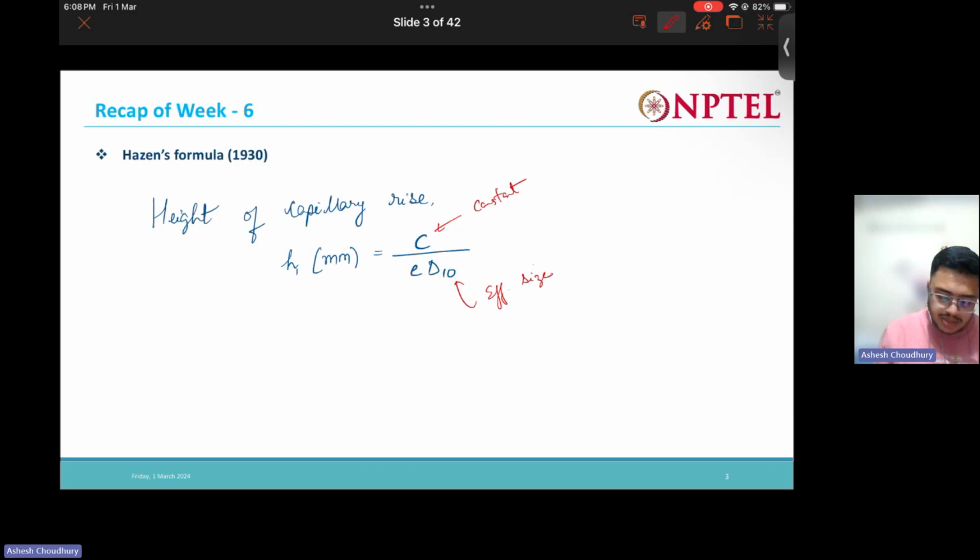If you remember, d10 is also called the effective size. You can get this from the grain size distribution chart. Effective size, d10 size, and e is nothing but the void ratio. So the lower the effective size, the higher will be the height of the capillary rise.